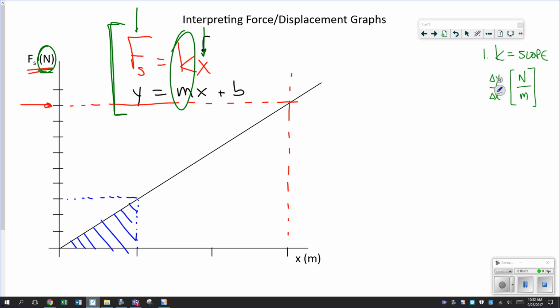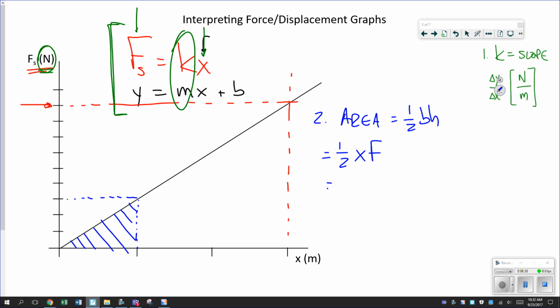You can look at that area, because the area of that shape is 1/2 base times height. It's a triangle, right? But the base is an x, and the height is a force.